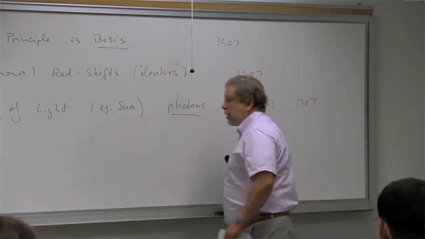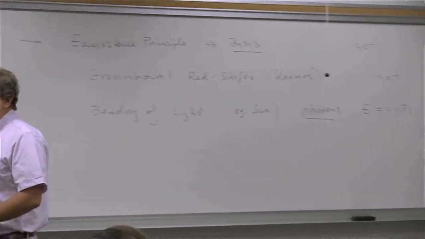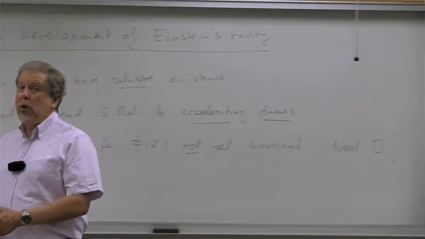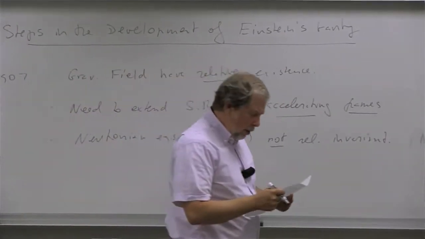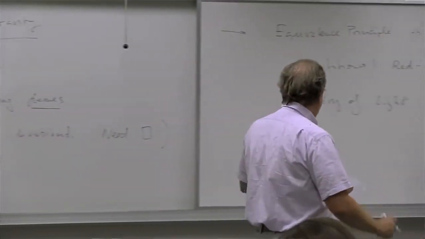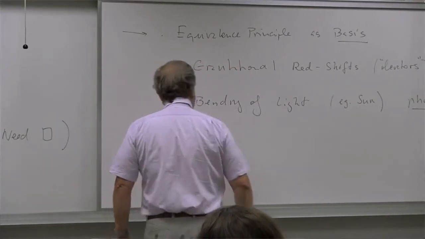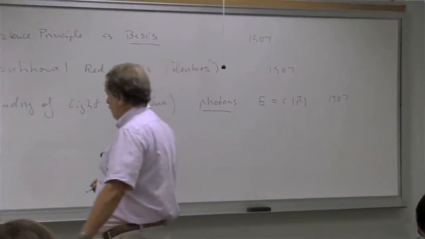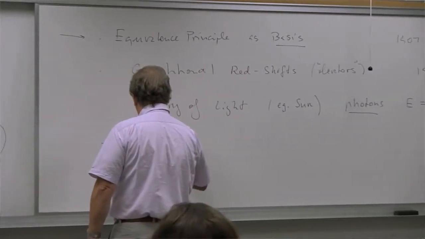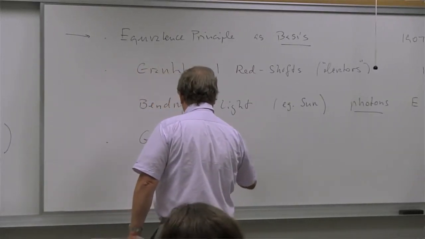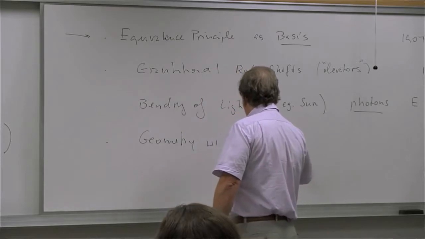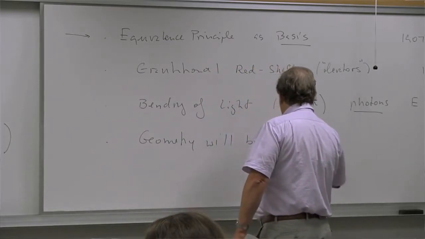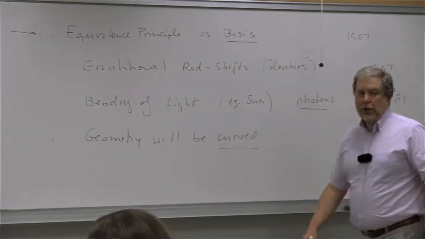Right? It's 2 years after writing down the theory of special relativity, he starts to understand what the ingredients of the new theory would be, right? And he also understands that something funny will happen to the geometry, and that the geometry will be curved, that there's going to be some effect of curvature.